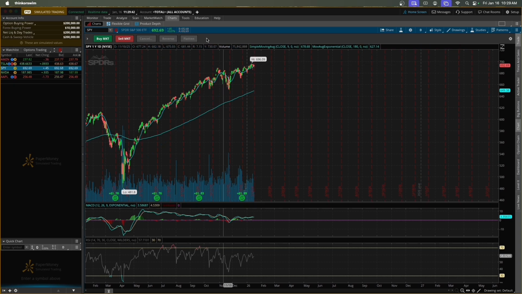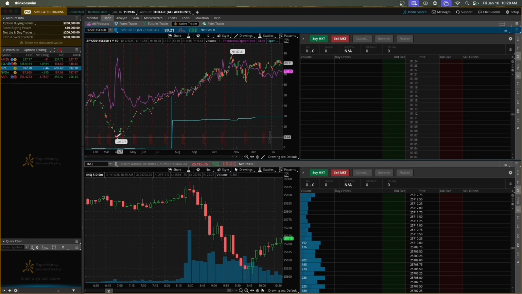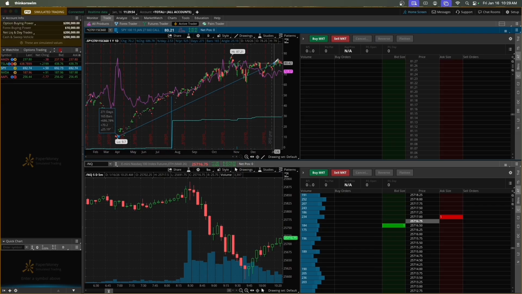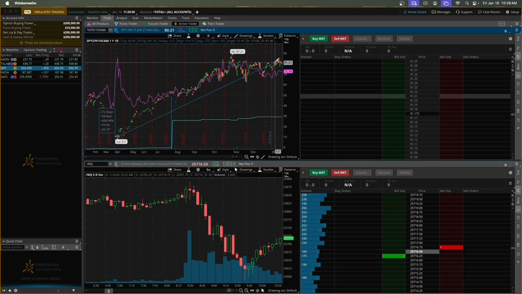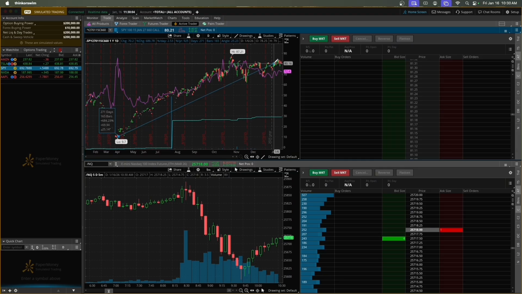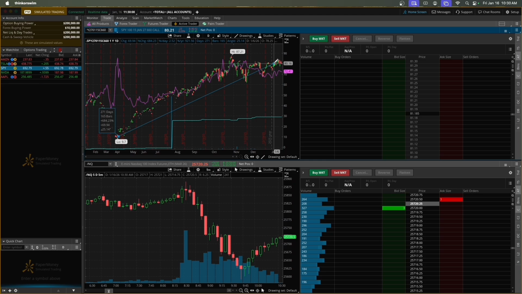But with options, if I go back and I look at the option, this option went up 600%. That's literally insane. You could have taken $1,000 and turned it to $8,000, right? Like if you take $10,000, that turns into $80,000. You can continue doing the math from there, but it gets kind of nuts.